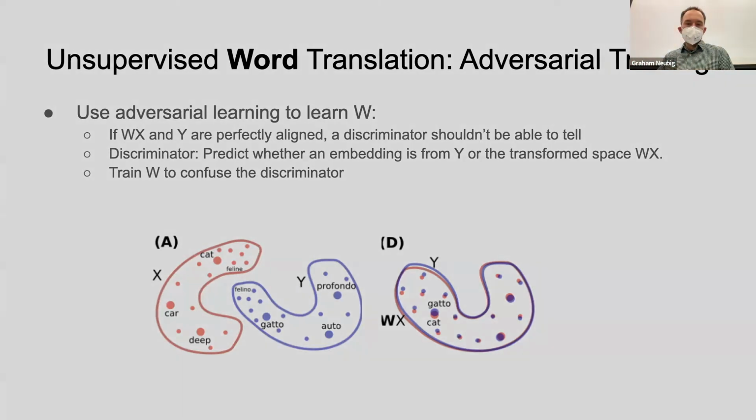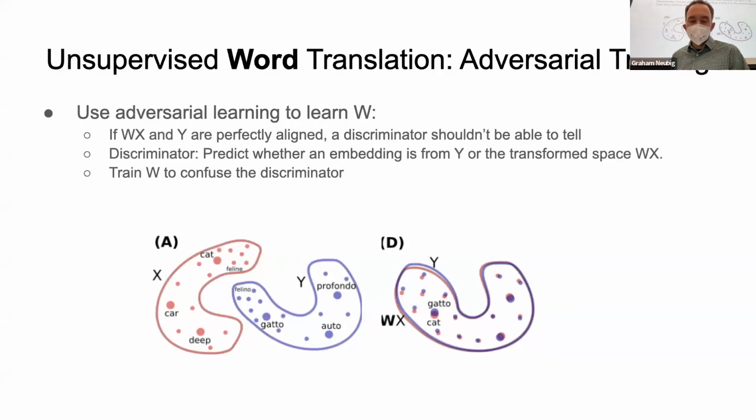And so another thing that's commonly done, another way to learn this distribution matching, is to have an adversarial objective.